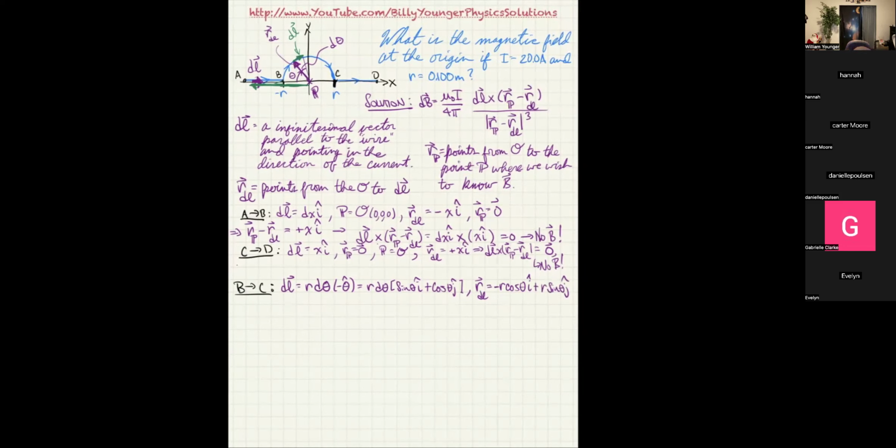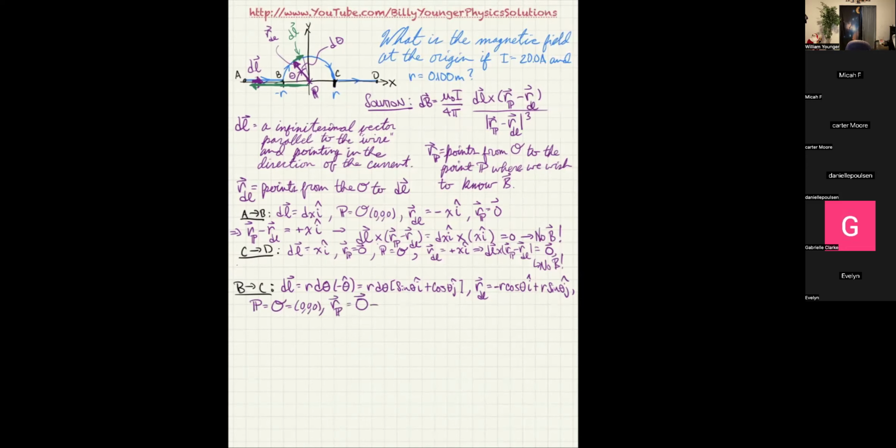And now all I need is P, which we've sort of worked out already. We know that P is actually equal to the origin, which is equal to 0, 0, 0, of course. And then r P is just the 0 vector.